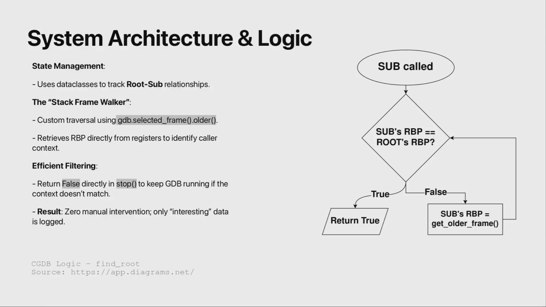For every sub breakpoint, CGDB performs a deep stack walk. It extracts the RPP of each frame and performs a lookup in our registry. This allows us to determine the provenance of a function call with high precision, even in complex kernel level execution like load_elf_binary.